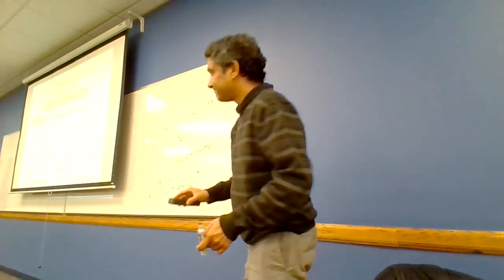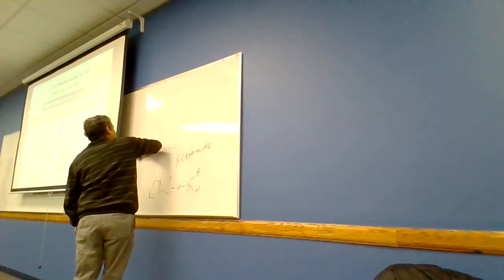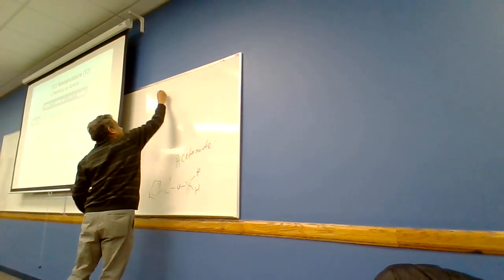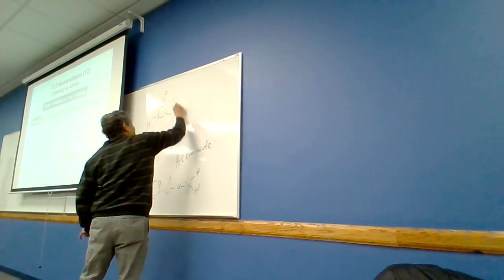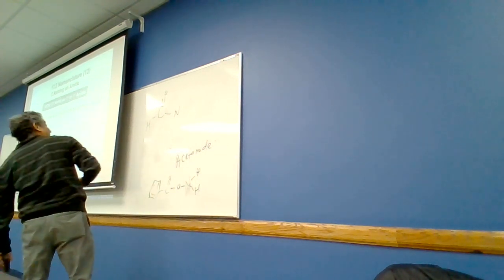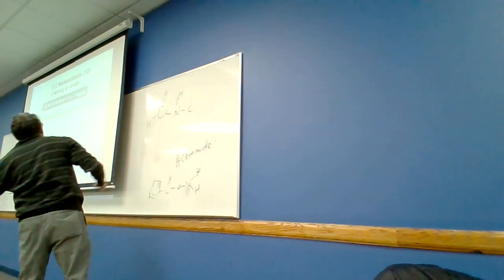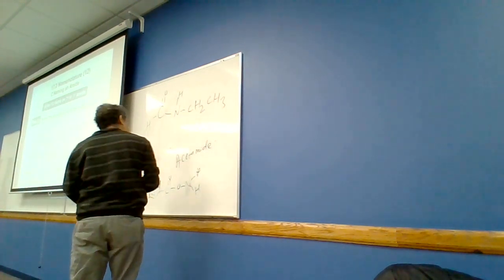Now, let's name one compound here. The first guy is like this: C double bond O, and there is an H, and there is N. With that N, I have one H, and I have a CH2, CH3. You see that?